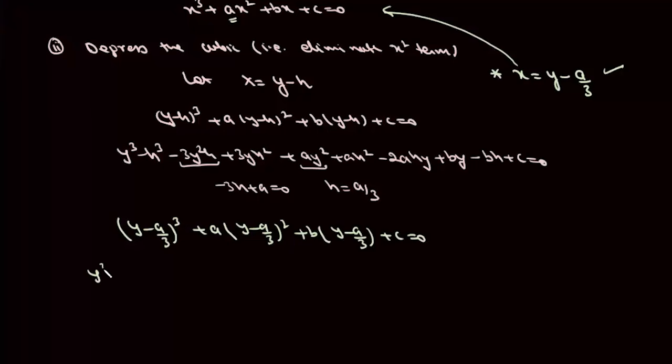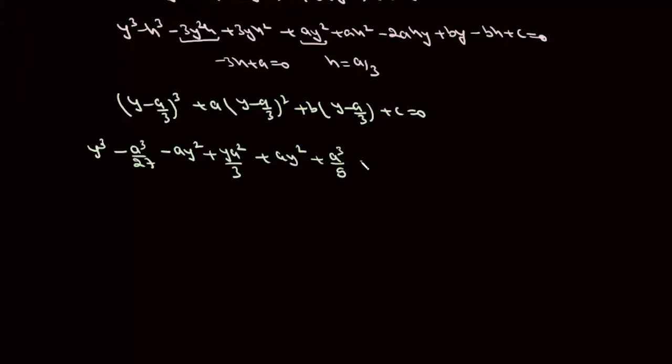So it will be this y cubed minus a cubed by 27 minus ay squared plus y a squared by 3 plus ay squared plus a cubed by 9 minus 2a squared y by 3 plus by minus ab by 3 plus c equals 0. Now this ay squared will cancel.